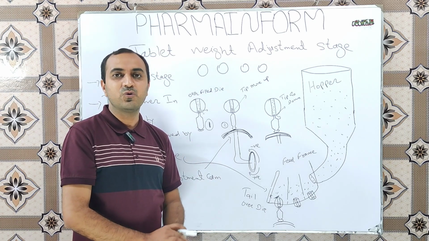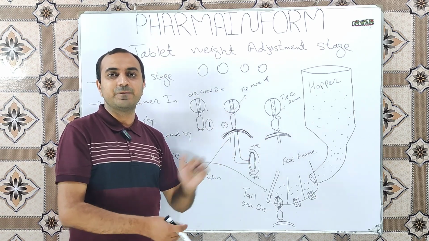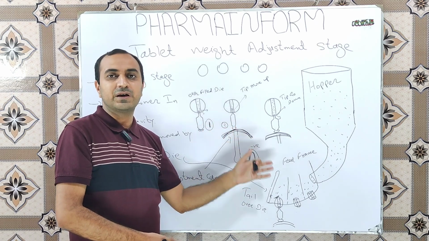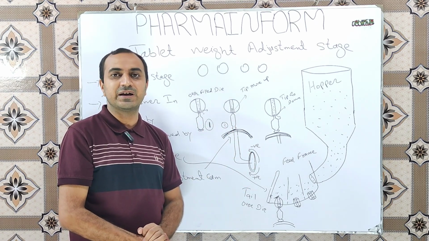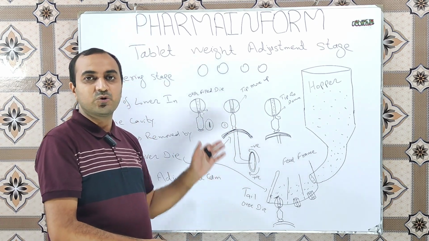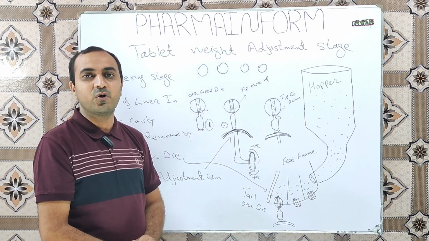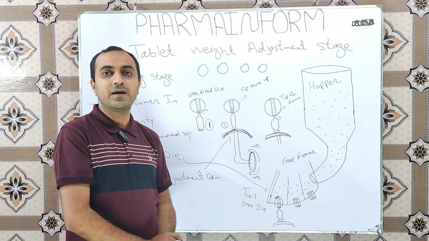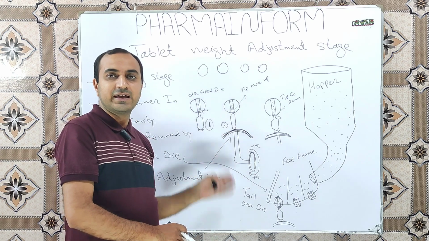For a brief overview, the weight adjustment is done by the weight adjustment cam and the position of the tip of the lower punch in the die cavity, by just rotating the knob on the right side or left side. We are simply increasing the filling space in the die cavity.